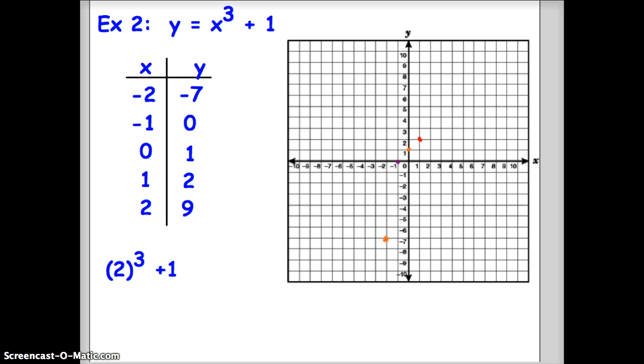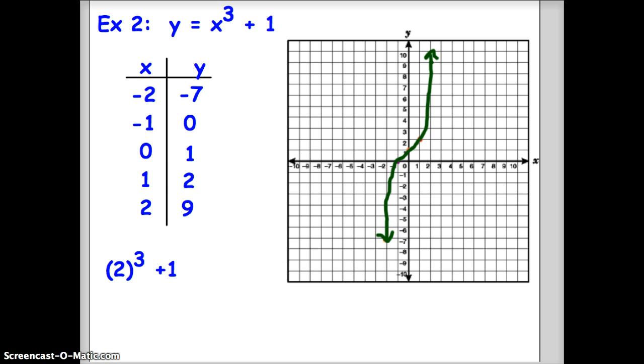And then 2, 9, over 2 up 9, is right there. So that is going to be a cubic equation.